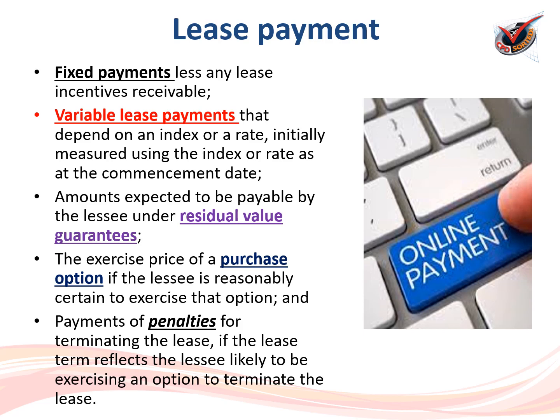Whether or not there's any exercise price of a purchase option, if that's reasonably expected at inception of the lease, that would also need to be included in the lease payments, as well as any penalties for terminating the lease if the lease term reflects that the lessee is likely to be exercising an option to terminate the lease. So all of these matters would need to be verified to the lease contract.